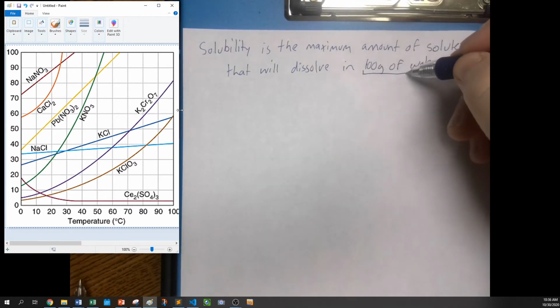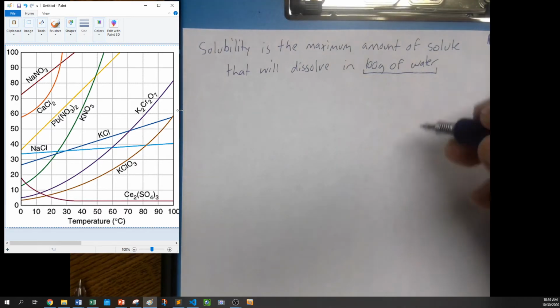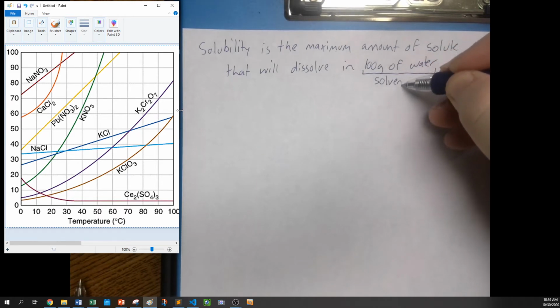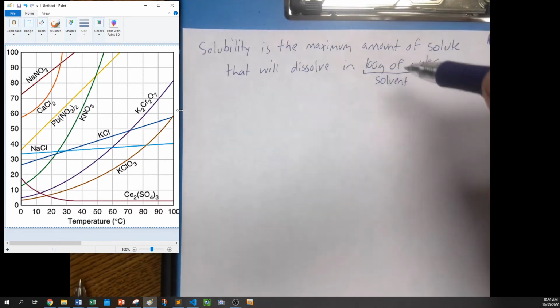We usually let it be 100 grams of water. Another thing you could say is just solvent. Without context, we usually refer a solubility refers to 100 grams of water.